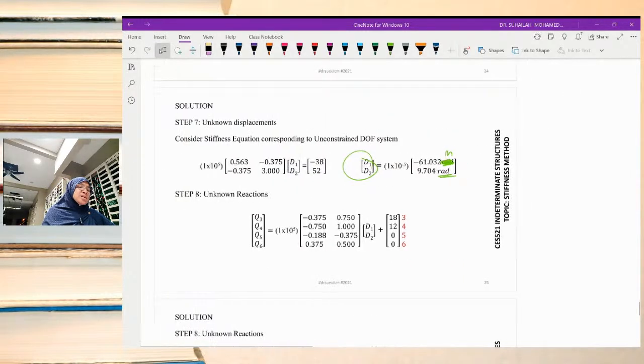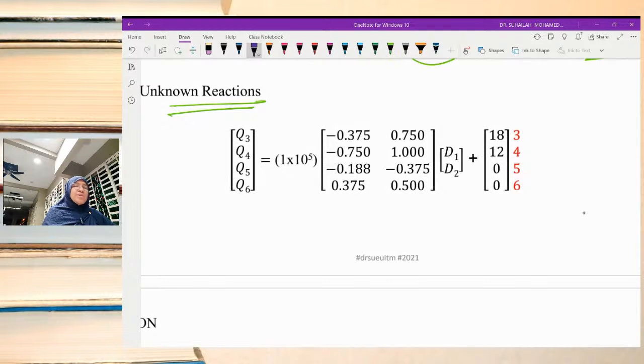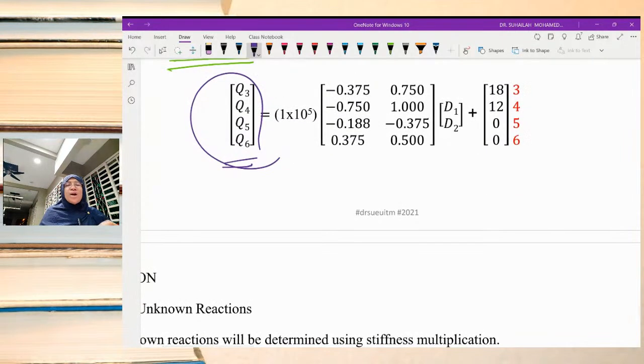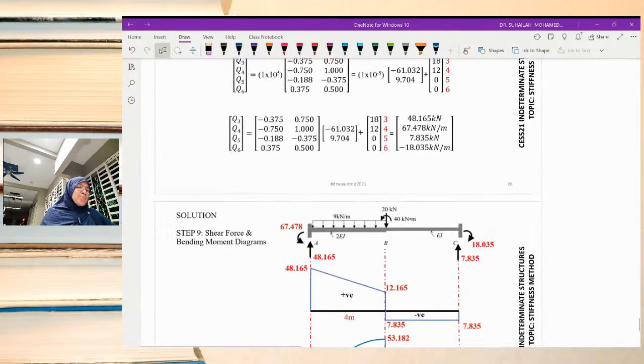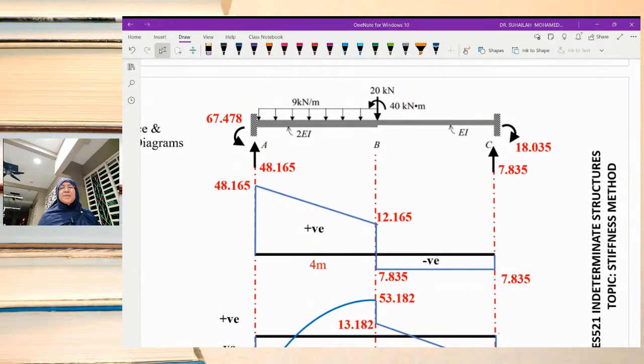Substitute into the stiffness equation, then we calculate for the unknown reactions. Once we get these four unknown reactions, we put them back into the diagram. If the answer is correct, then we can draw the free body diagram, the shear force diagram and the bending moment diagram.